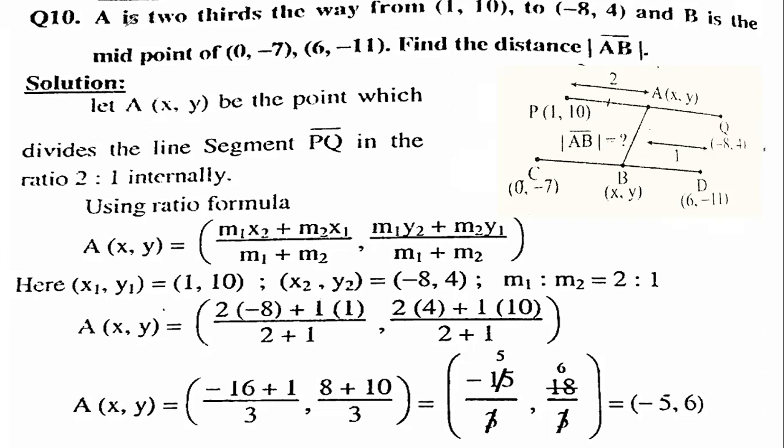Understand this question carefully. Question number 10. A. The meaning of A is point A is 2/3 the way from 110 to -8, 4. We have read the first sentence of this question.